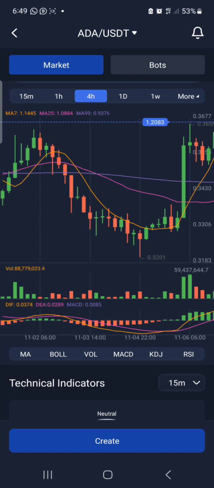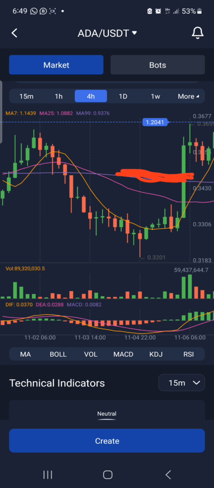The moving averages show how the market is moving. We have 3 moving averages, that's 7. It is showing how the previous 7 candles have been performing, then the 25 and the 99 in Royalq. If you ever find the market below this purple one, the 99, it shows it is on a downtrend.